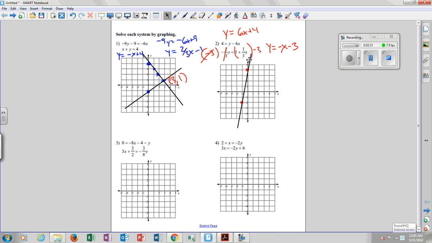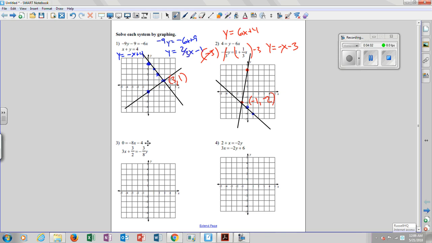Okay, so that's your first line. Your second line is going to be formed by going down 3, make a dot, then go down 1, right 1. Just draw a line through your dots. And so for your answer for this one, you get negative 1, negative 2.